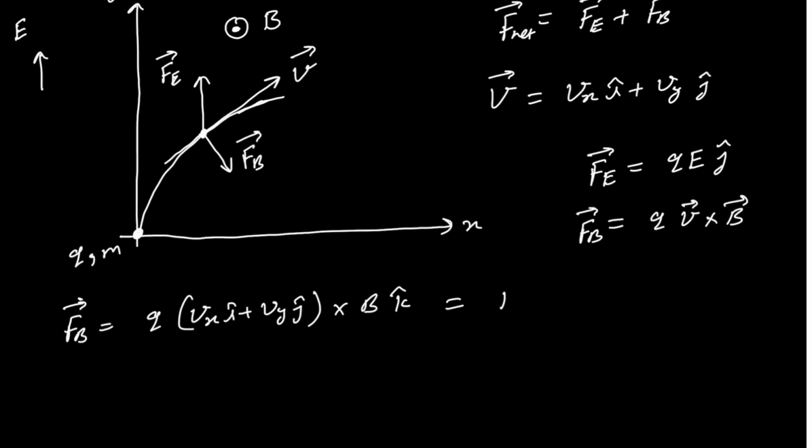Solving this, we get qB, and after cross multiplication we will get Vx: i cross k is minus j, and plus Vy: j cross k is plus i cap.